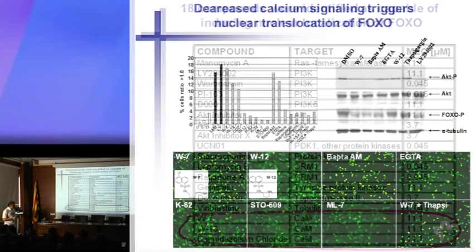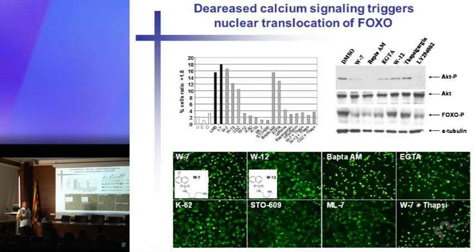So what we first asked was if this effect was specific for this protein, for calcium calmodulin. So we took this compound W12, which is from a chemical point of view almost identical to one of the active compounds, but with a much less affinity to calcium calmodulin.